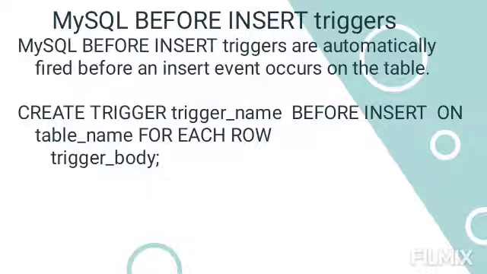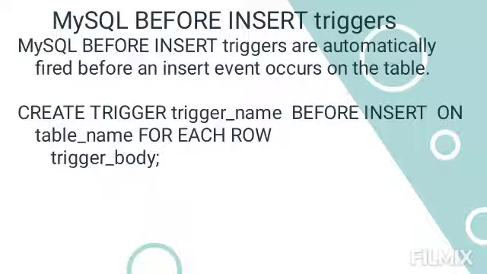First, specify the name of the trigger after the CREATE TRIGGER statement. Second, we use the BEFORE INSERT clause that specifies the time to invoke the trigger. Third, specify the name of the table that the trigger is associated with after the ON keyword.